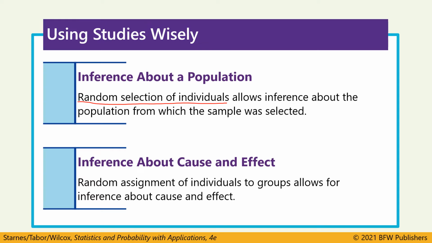When we poll for a presidential election, we randomly select likely voters from across the country to get an idea of how the entire country is going to vote in that election. In order to make an inference about cause and effect, we need to have random assignment of individuals to treatment groups.